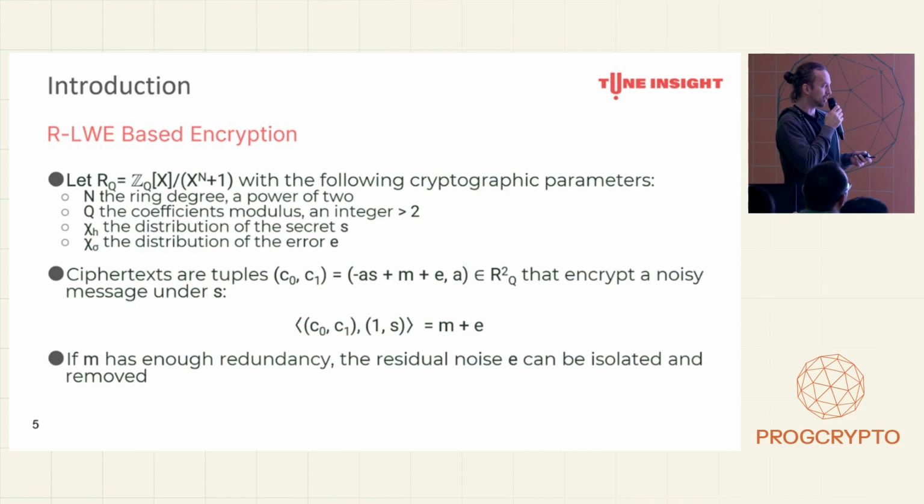Ciphertexts are, as in the LWE, the mask, which is a random polynomial, times the secret key plus the message and some error. And the decryption, again, is just multiplying with the secret key, and you can get back the message and the error. And as we have seen before, if you have enough redundancy in the message, for example by using a scaling factor, you can remove this error and isolate the message and get it back.